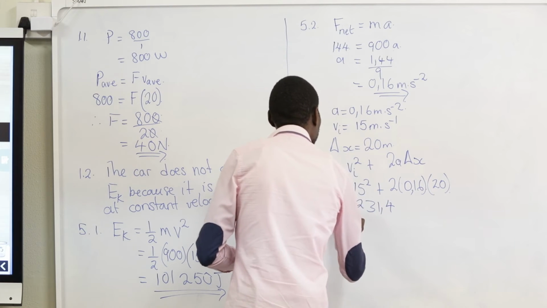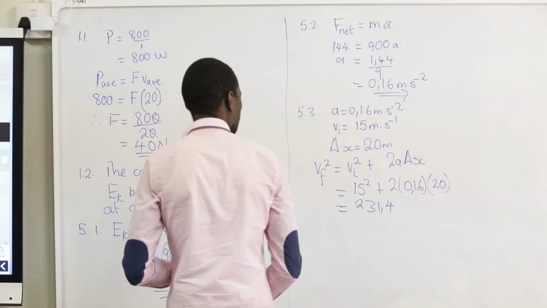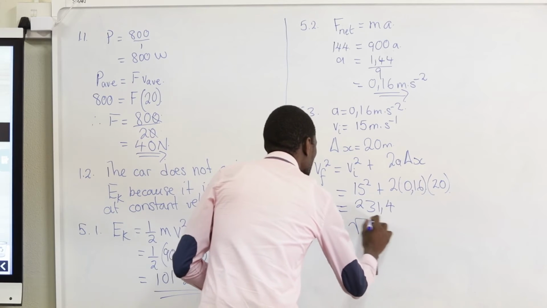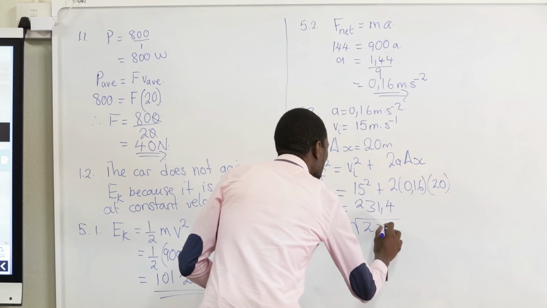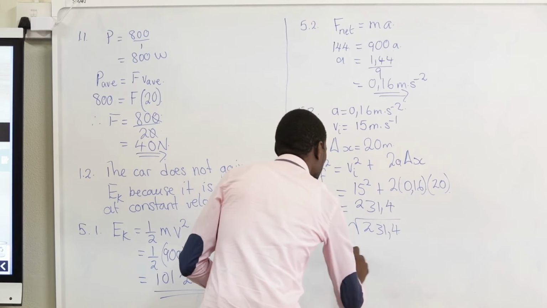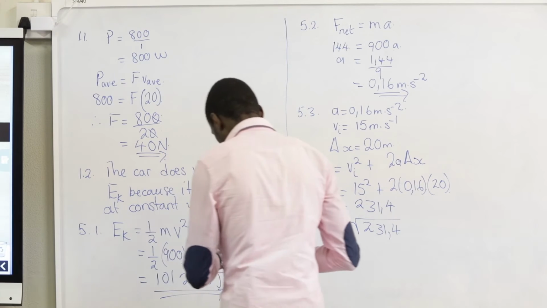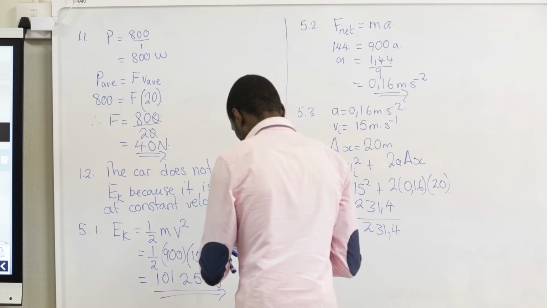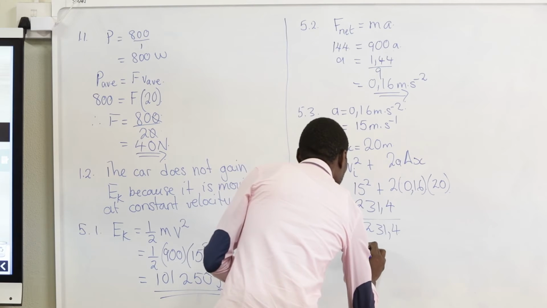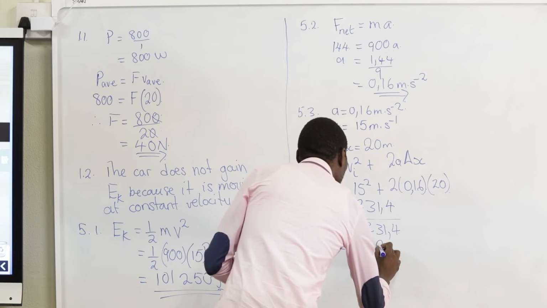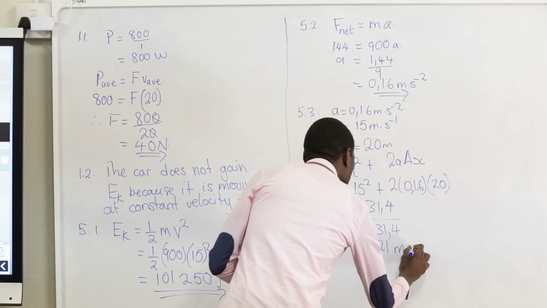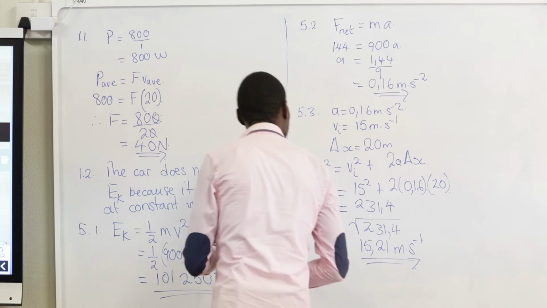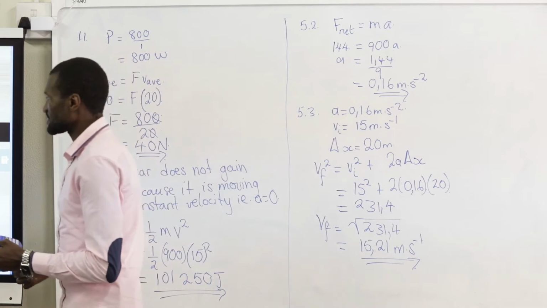And remember, this is Vf squared. So therefore, V final is equal to the square root of 231.4. The square root of that will be equal to 15.21 meters per second. There is our final velocity.